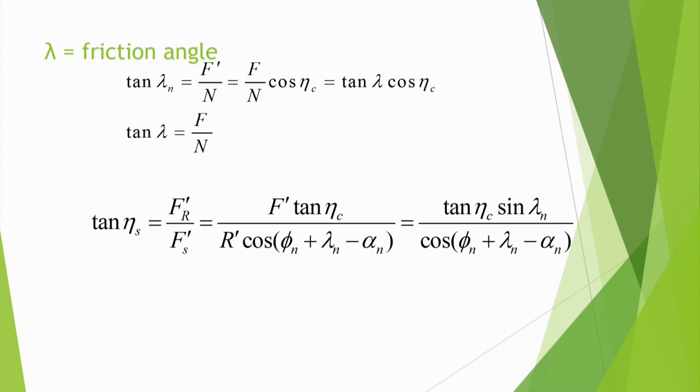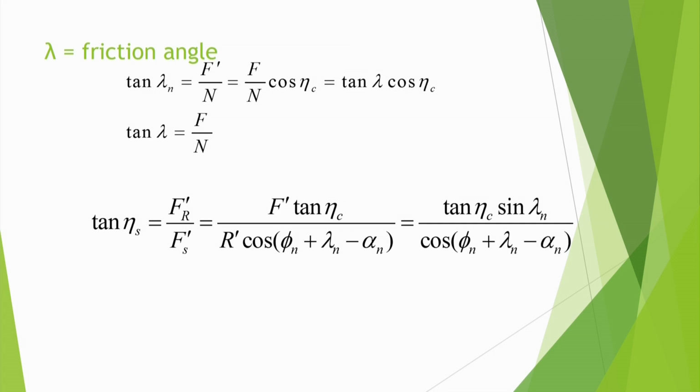That means lambda n will be slightly different from the friction angle by this relation: tan lambda n equals tan lambda into cos eta c, where tan lambda is equal to F by N. And tan eta s will be basically Fr dash divided by Fs dash, which here is F dash tan eta c multiplied by R dash cos of phi n plus lambda n minus alpha n.